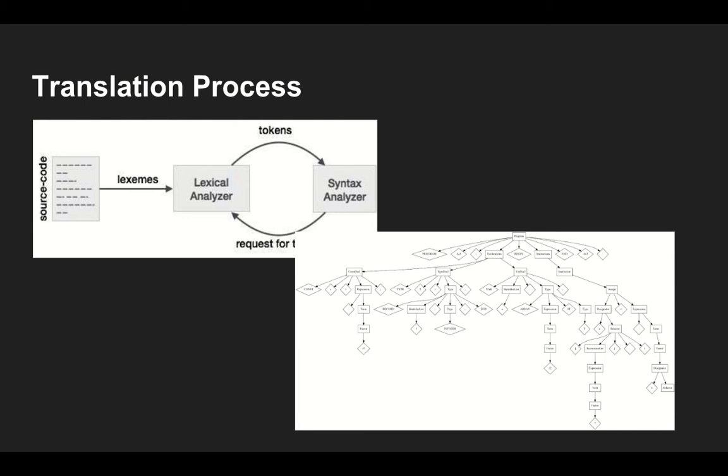Tokens are a pair consisting of a token name and token value. Lexemes are a sequence of alphanumeric characters from the source code that match the pattern of the token, and are identified by the lexical analyzer to be an instantiation of that token. Moreover, this stream of tokens will be fed into a syntax analyzer.